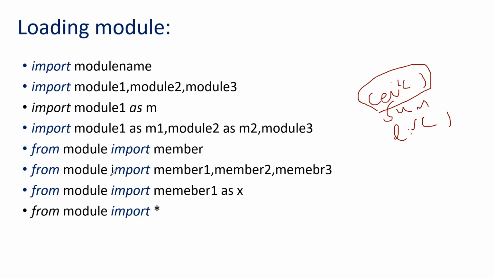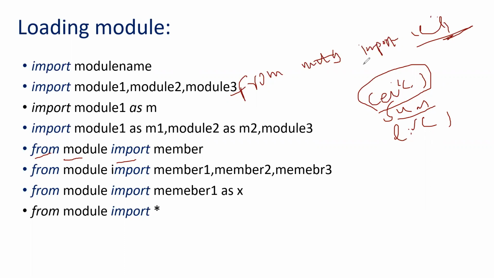So what I'm going to do is, from that module, from math, import member. What is the member? Let's say C. So we are using only C or else sum. Like that, we can import.